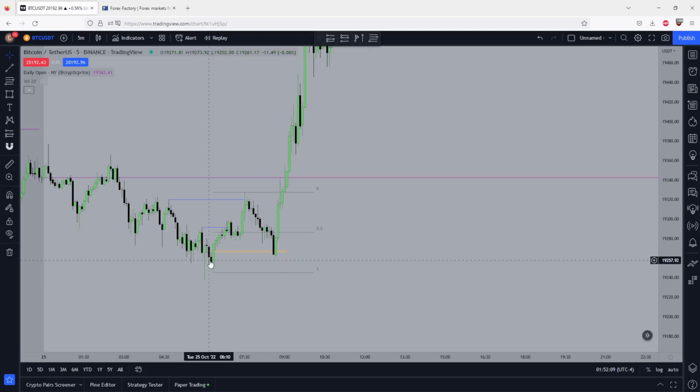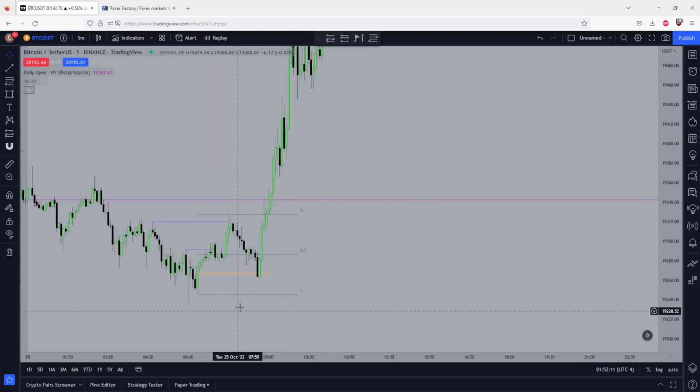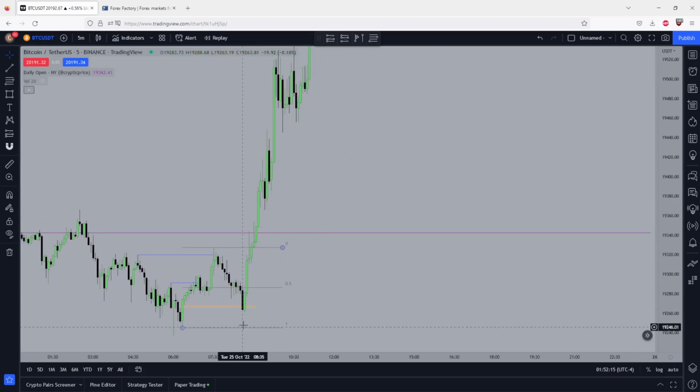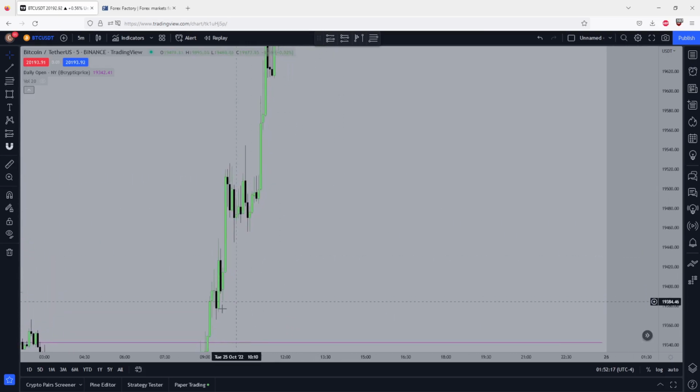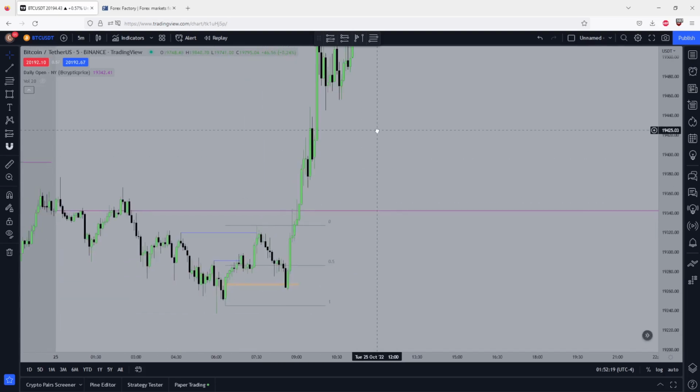Price touches it, interacts with the order block, and then it starts to shoot off. Like here 8:40, that's where the uptrend starts, and price starts to reprice higher heavily. So this was the ideal setup to catch pretty much the bottom of the whole move. And just a nice setup on the 5-minute.